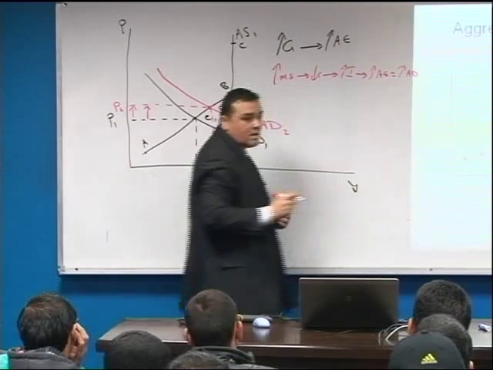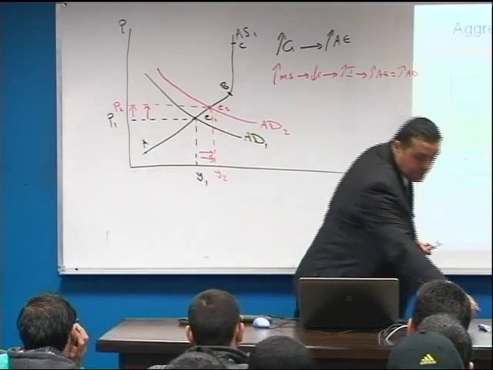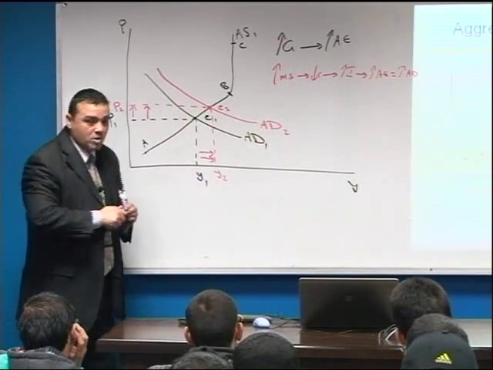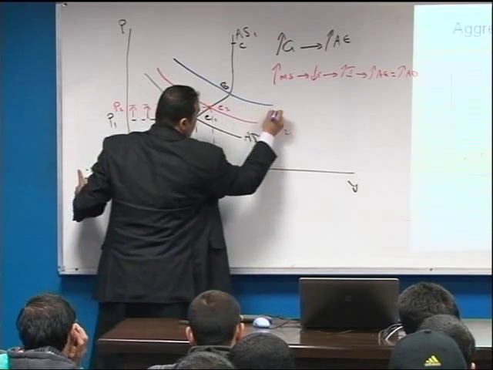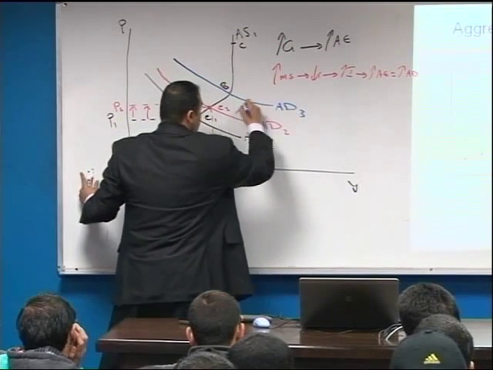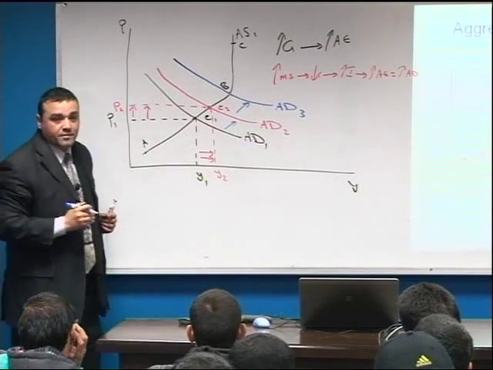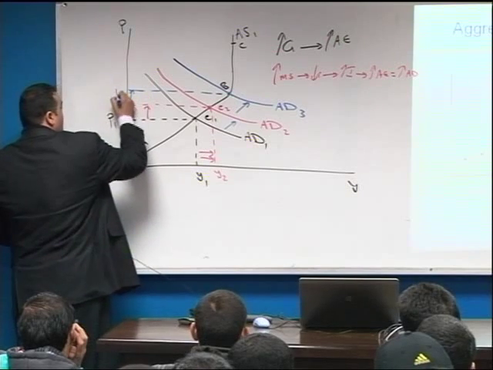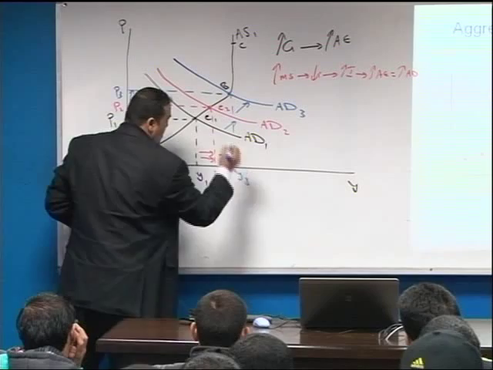So there is an additional shift in the aggregate demand from aggregate demand 2 to aggregate demand 3. Suppose here we reach point B. A rightward shift in the aggregate demand curve. In this case, the prices increased to P3, and at the same time Y has increased to Y3.